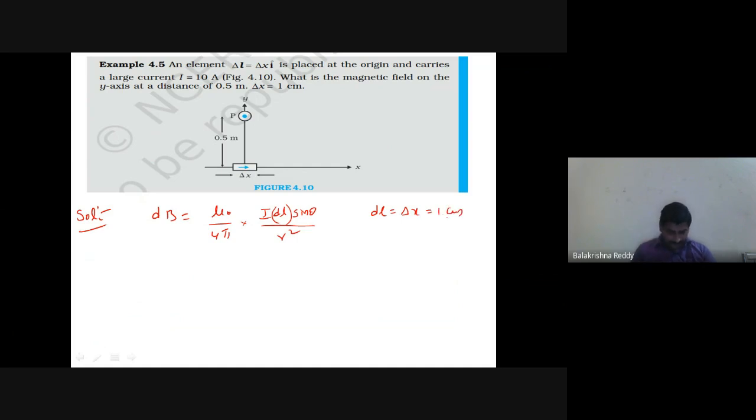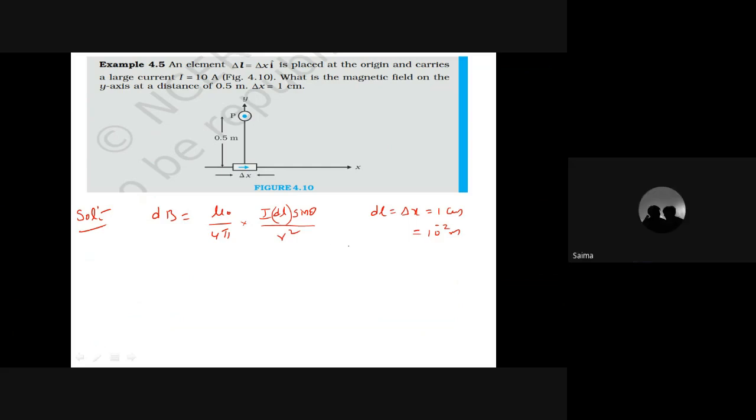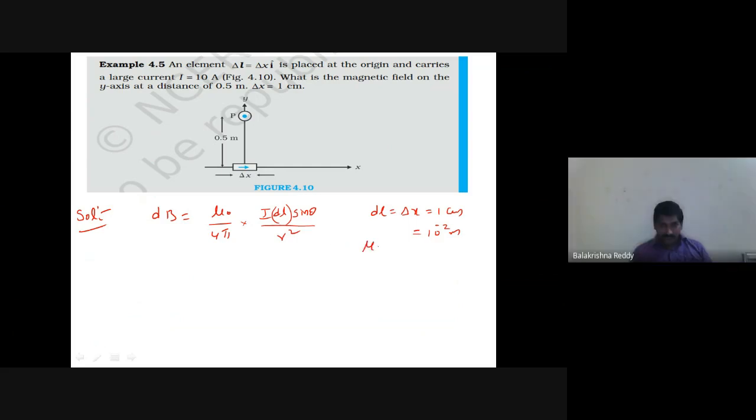Whatever units are given, we will express in terms of meters. 1 centimeter is equal to 10 to the power of minus 2 meters. Then mu naught by 4 pi can be written as 10 to the power of minus 7.